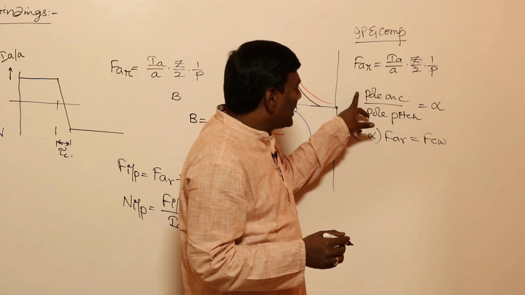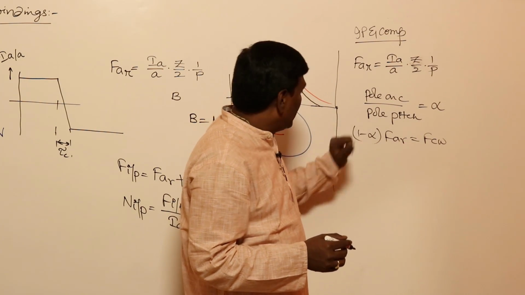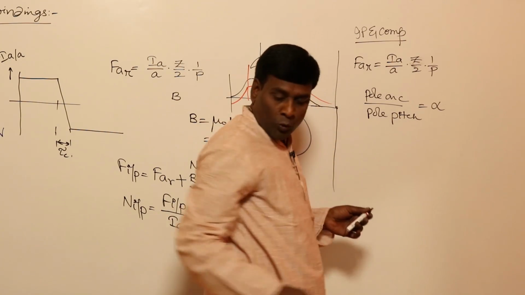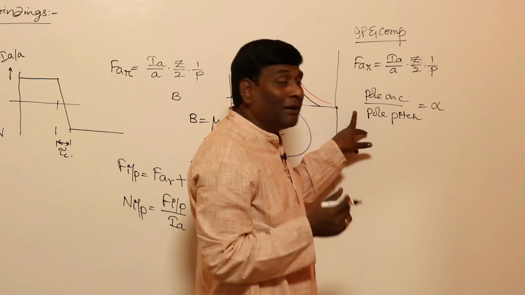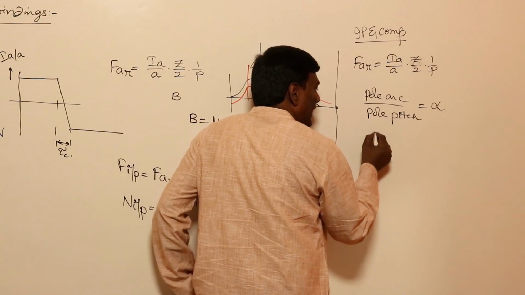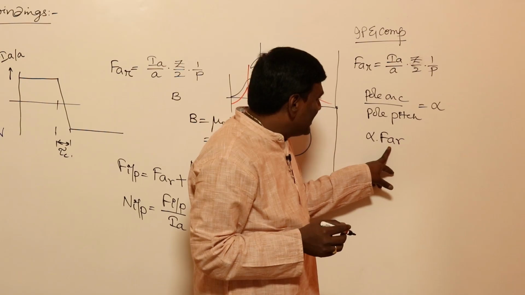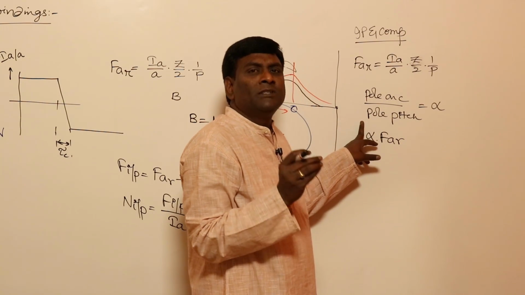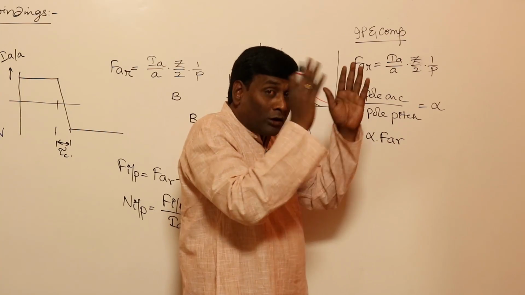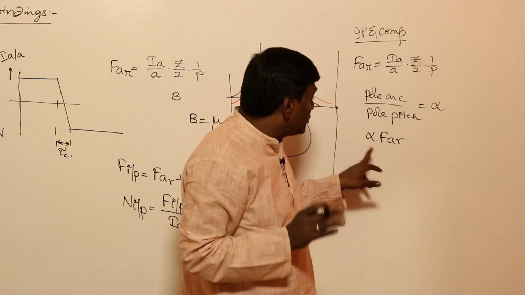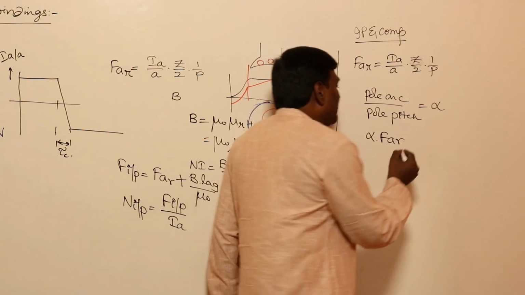Okay, so pole arc by pole pitch. I'm sorry dear, I did a small mistake. Now, pole arc by pole pitch area should be covered by compensating winding. So, alpha into FAR. Out of total armature MMF, if the pole arc by pole pitch ratio is 75%, out of total 100%, 75% is covered by pole shoe. So that 75% of FAR should be covered by compensating winding.